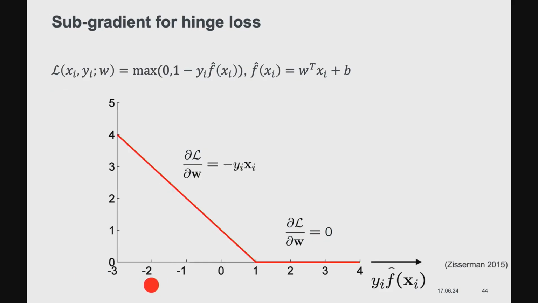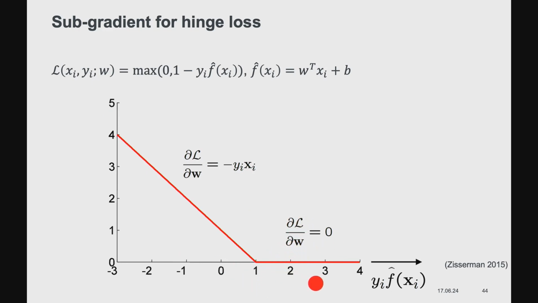The subgradients for the hinge loss, so the loss derived in the direction of my vector w, for this part of the function is minus yi xi. So here we are in the wrong part, so to say. And in this right part, the loss is just 0.